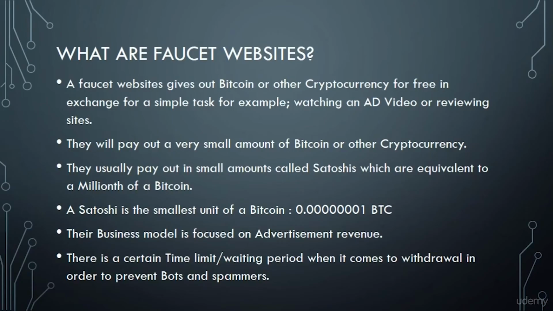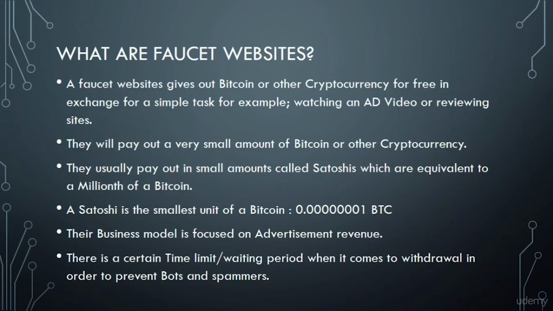If you don't know what bots are, they're just automated computers that do the tasks automatically and repeatedly just to earn more money, saving energy and time from the actual user.